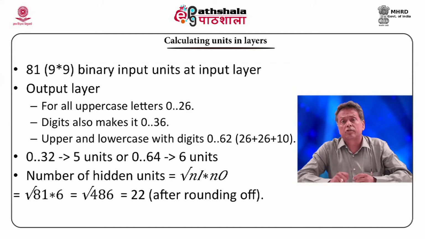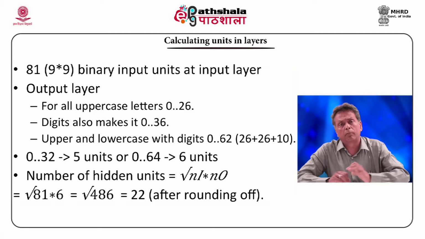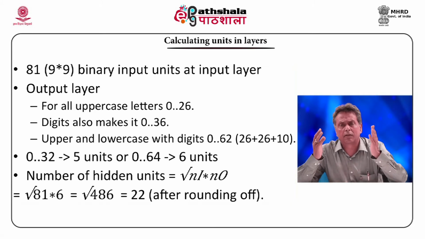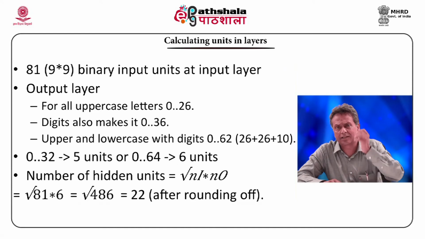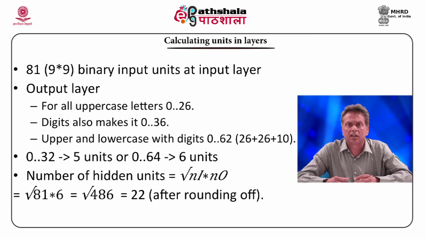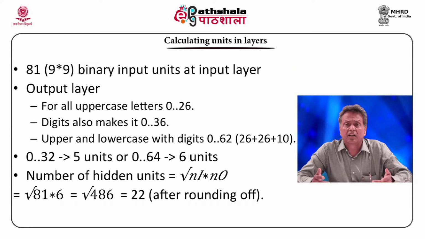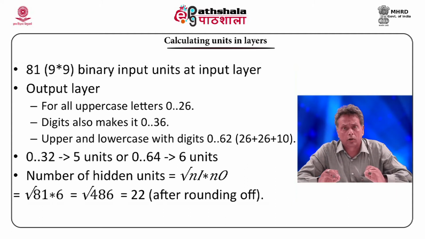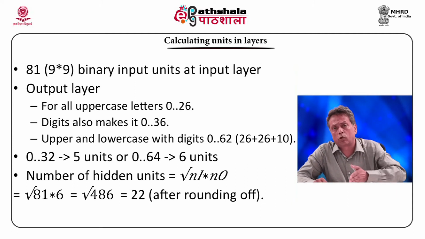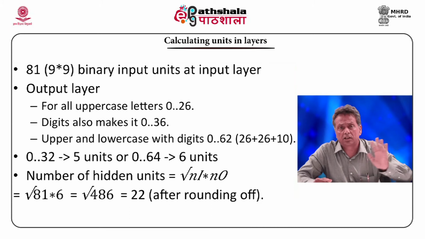How many output units do I need? In fact, there are many ways of doing it. One very simple method is to use the normal way of using binary neurons as a single digit. If you do that, for 30, less than 32, 5 units are good. So, 2 raised to 5 gives a total of 32 combinations, which is good.